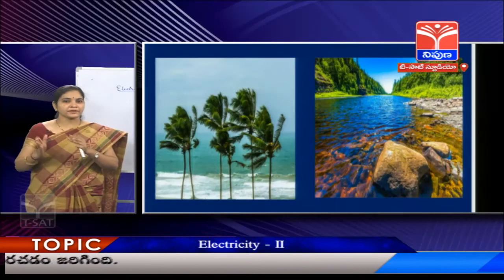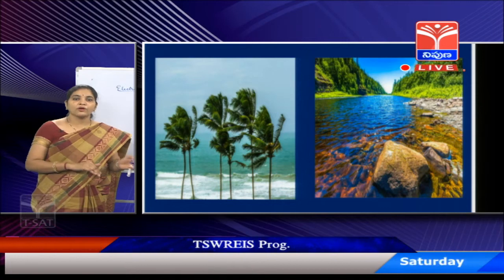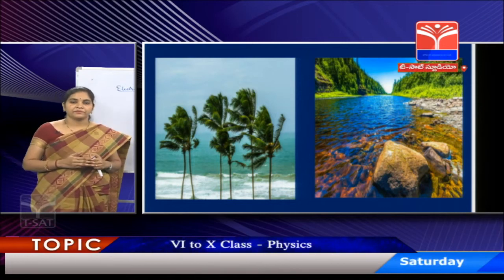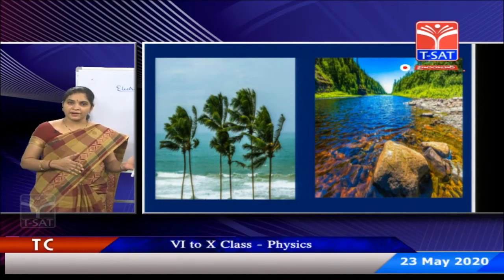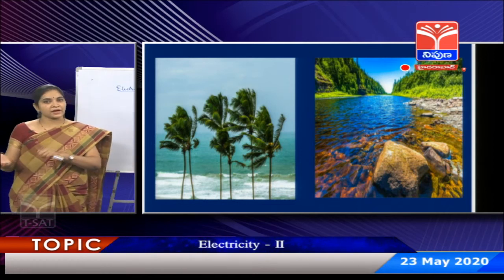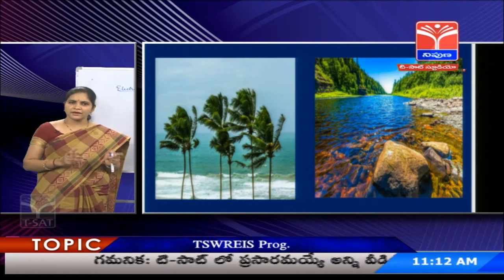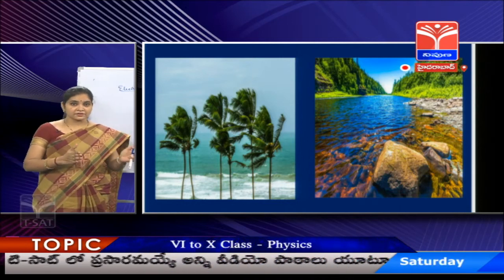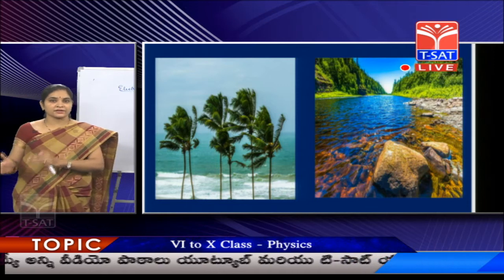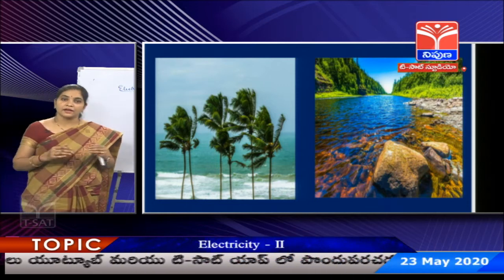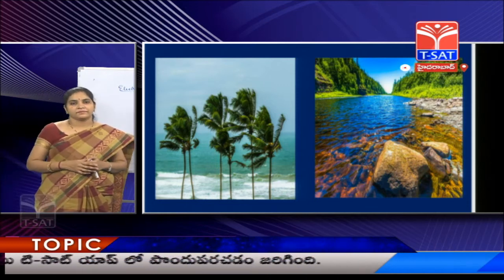Now, in one of the picture we see flow of water particles in a river form water current and flow of air particles from one place to another place form air current. Similarly, when electric charges flow in one direction, they cause electric current.